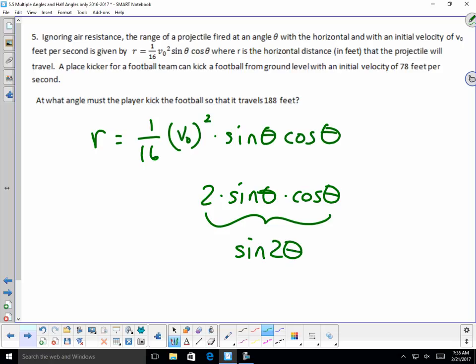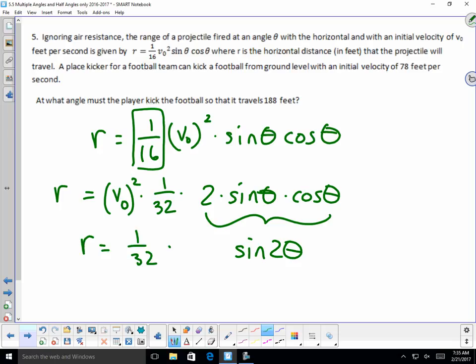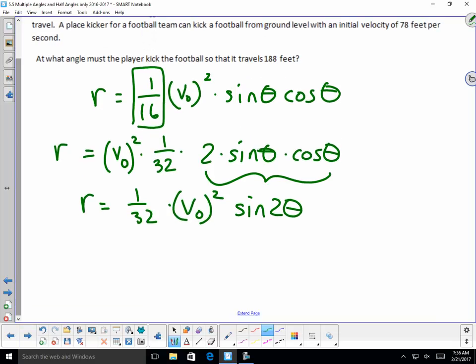But we don't have a 2 sine theta cosine theta, we've got a 1 over 16. Well, how about we multiply 2 times 1 over 32, because 2 times 1 over 32 would be the same as 1 over 16, right? And don't forget, we still have this initial velocity squared in here as well. So that means we can rewrite this as r equals 1 over 32 times initial velocity squared times sine of 2 theta.